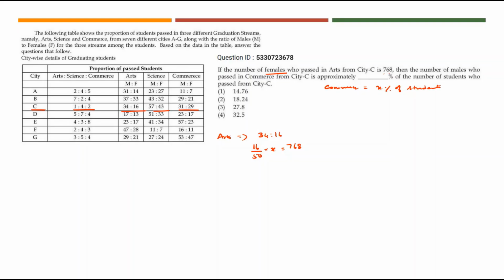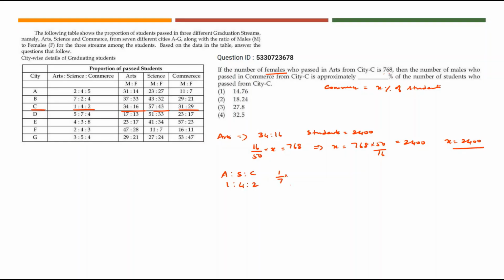Now we have to find the total number of arts students here. So this will be giving a value of 768 into 50 by 16. You will have 2400 as the answer. So number of arts students will be 2400. From here we have to take the ratio A is to S is to C. It is 1:4:2. It is 1 plus 4, 5, 5 plus 2 is 7.